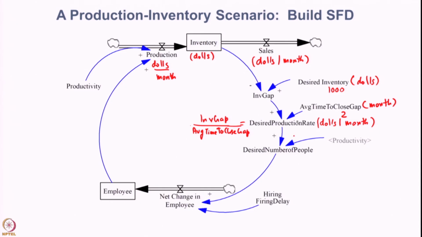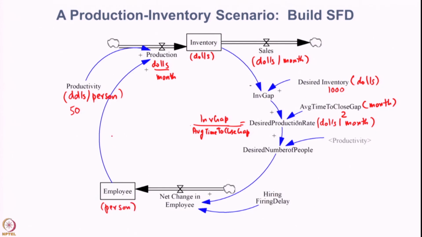Now, let us go back to the left side. We have something called productivity. Productivity is nothing but the number of dolls produced per person or per employee, and the value has been given as 50 dolls per person. Number of employees, the unit can also be set as person.